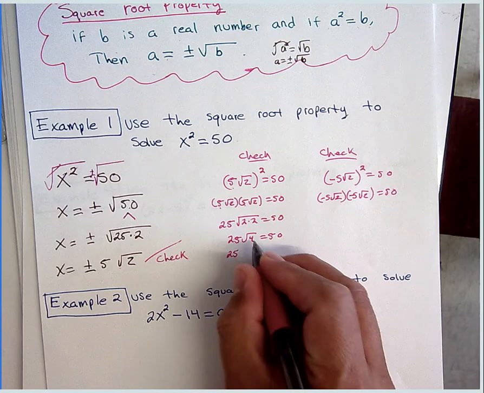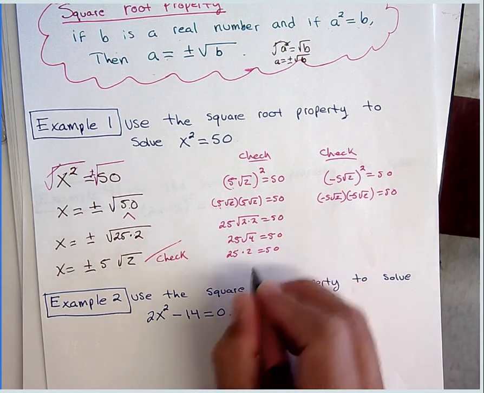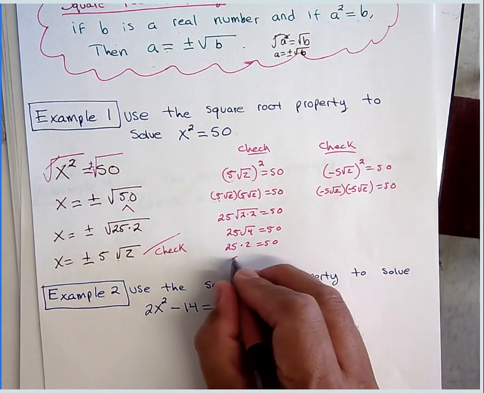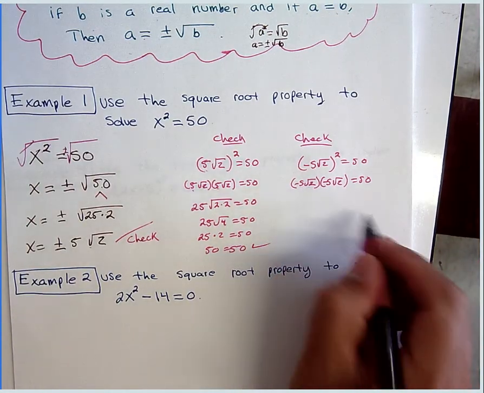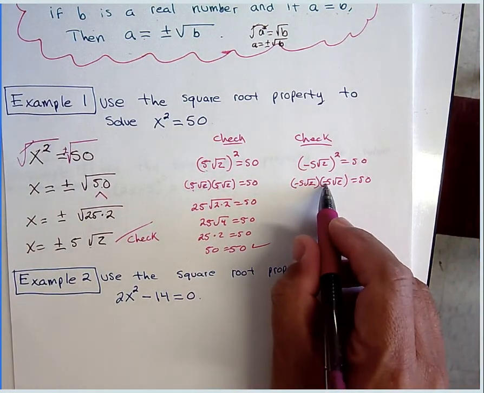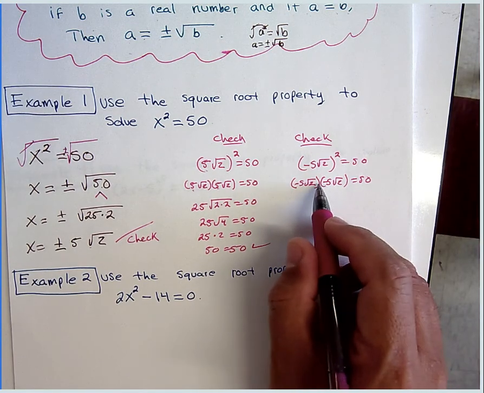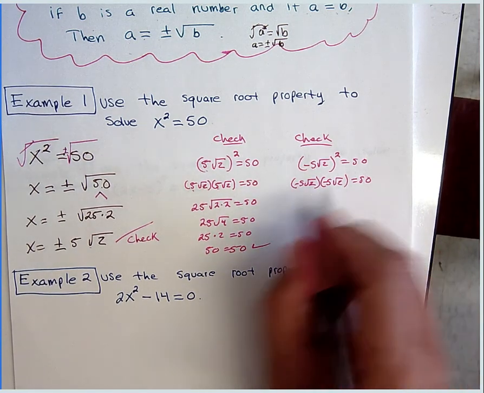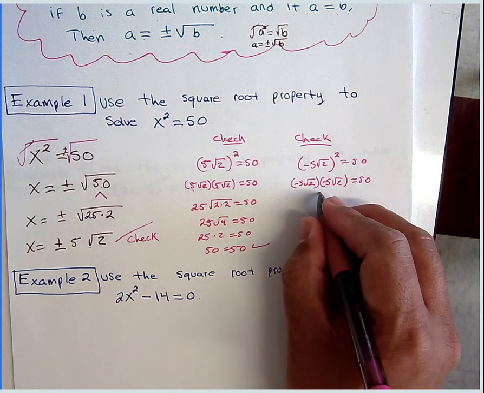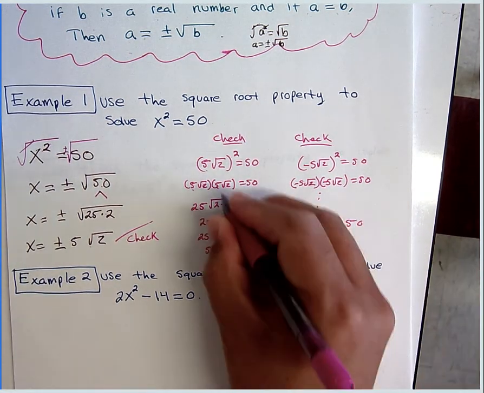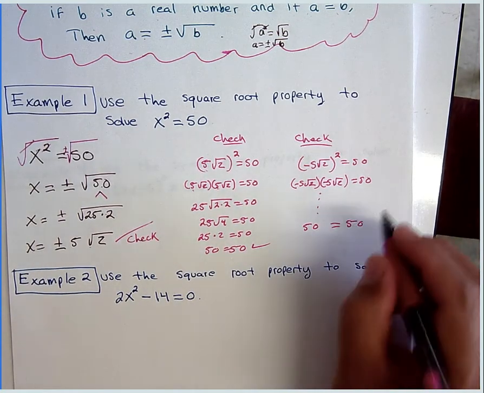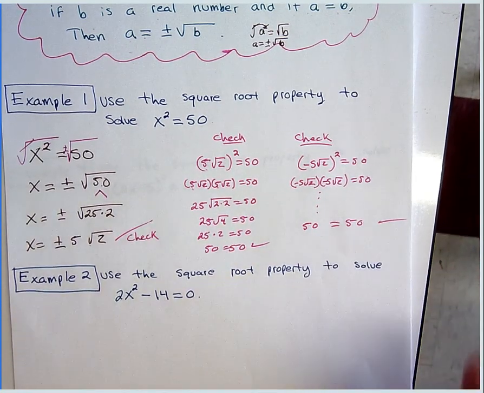The square root of 4 is 2. 25 times 2 would be 50. So like I said, it checks. The negative would give you the same thing because since we're multiplying it twice, the negative goes away and you end up with this. So 50 equals 50. So they both check.